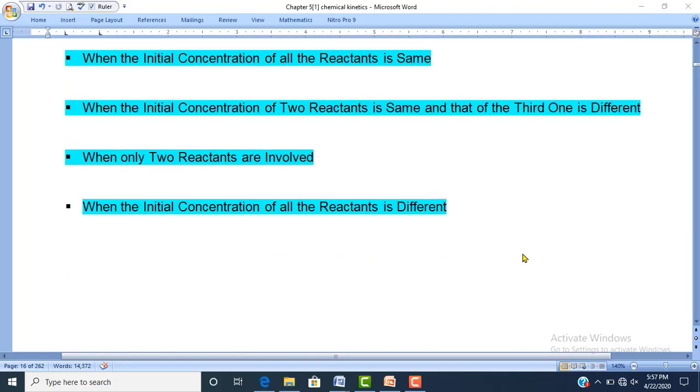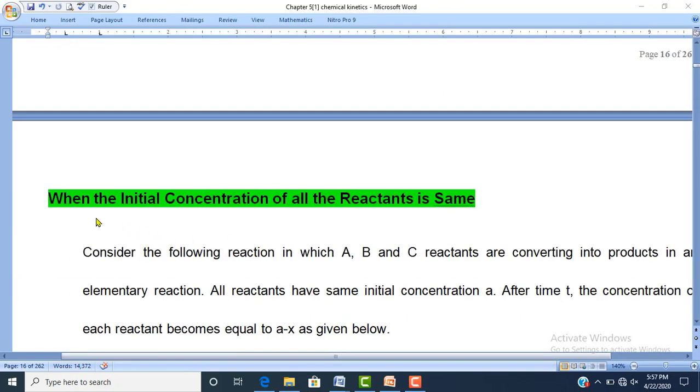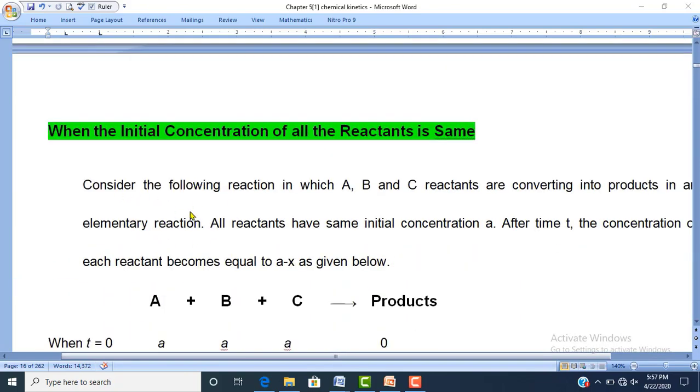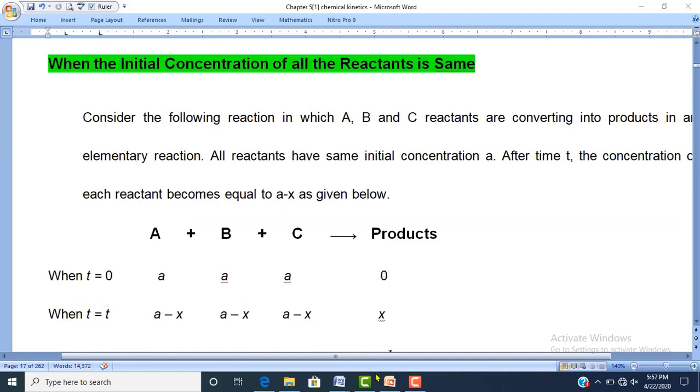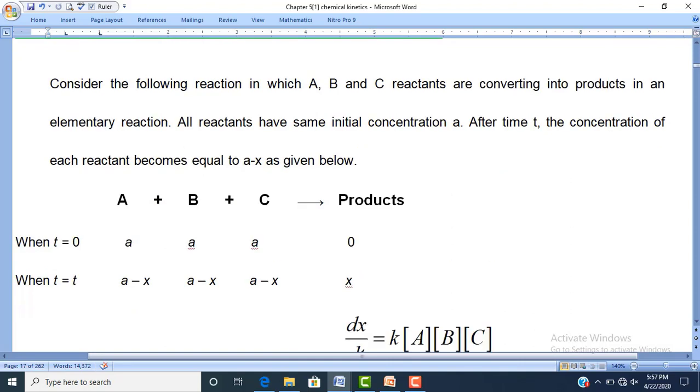Dear students, if we study today only the case when the initial concentration of all the reactants is the same, then by applying the simplest formula, the three reactants A, B, C react with each other to produce some product, and the initial concentration of all three reactants is a mole per decimeter cube, and after time t seconds the remaining concentration of all reactants will be a minus x.